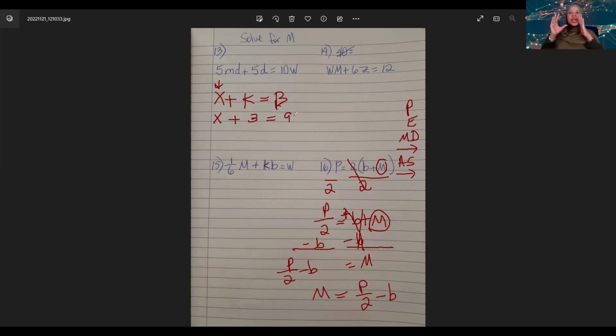You can change those two other letters around just for a second so that you know what to move. You'll say, oh my goodness, I know to get rid of the 3. So instead of getting rid of the 3, you plug the k back. That means you subtract k from both sides. And then you take the 9 and change it back to a b.